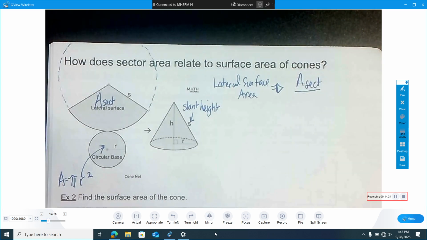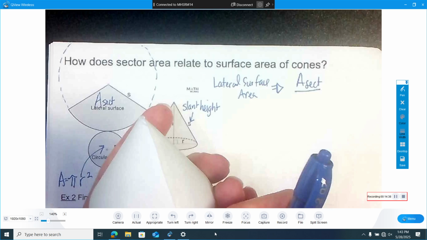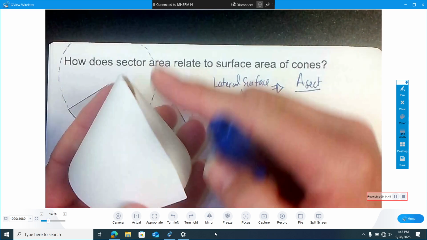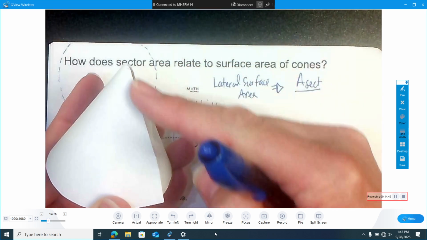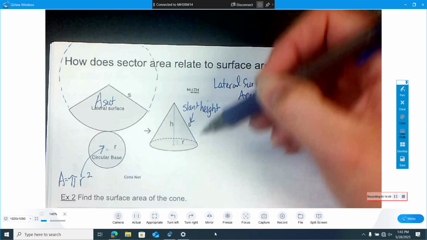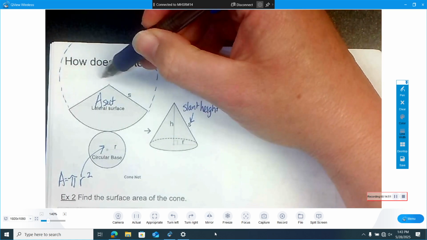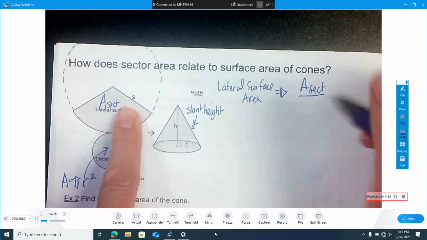And you can see that on the shape here. Here's my cone in its wrapping paper. We need to know this height called the slant height. It's on the side, and that actually becomes the radius of this big circle, which is kind of interesting.